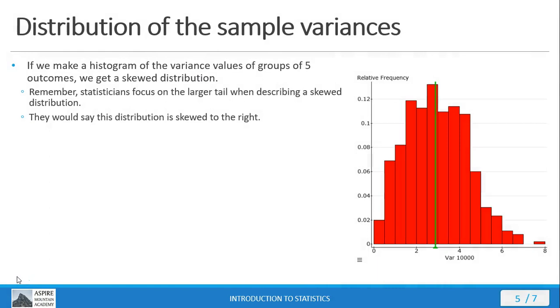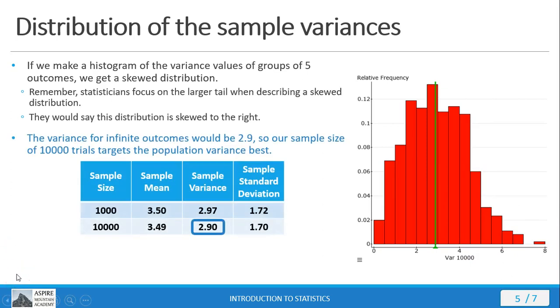If we look at a distribution of the sample variances, we see something a little different. We don't see the normal distribution. What we see is a skewed distribution. And keep in mind, those pure statisticians, they look for where that larger tail is. So here they would say this is a distribution skewed to the right. Now, the variance for an infinite number of outcomes is going to be 2.9.